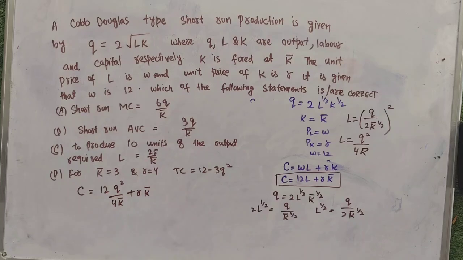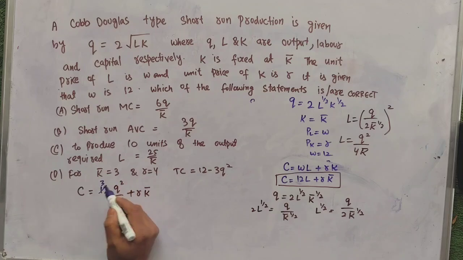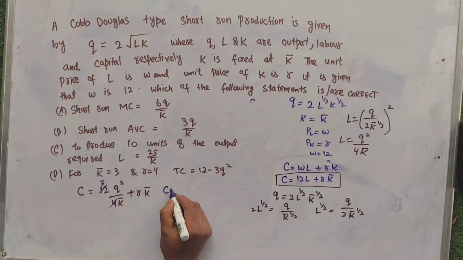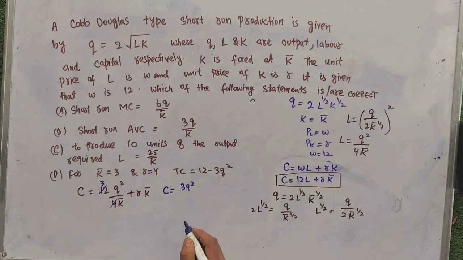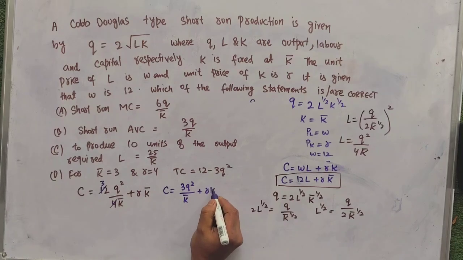Okay, and this is total cost. So 4 ones are 4, 3 fours are 12. So we get the total cost function as 3Q square divided by K bar plus RK. This is variable cost, this is fixed cost because K is fixed here.